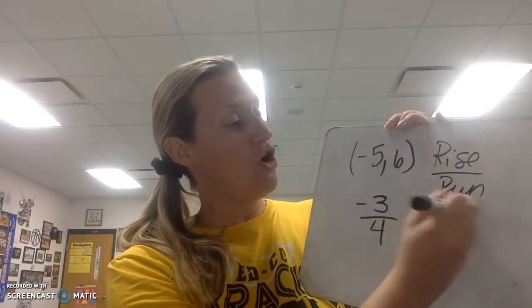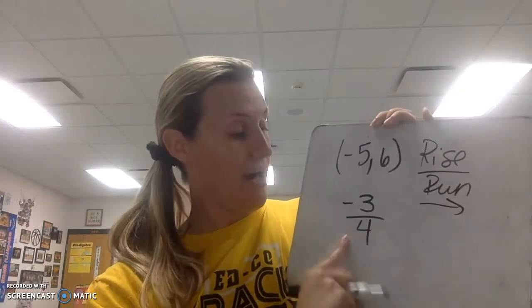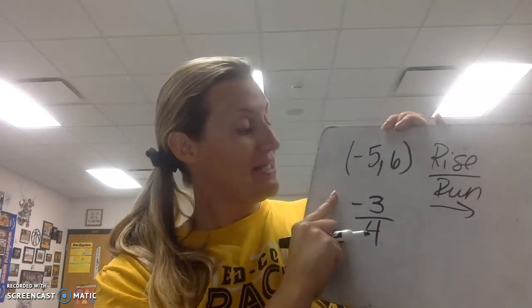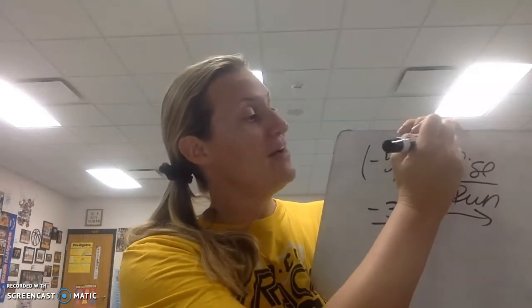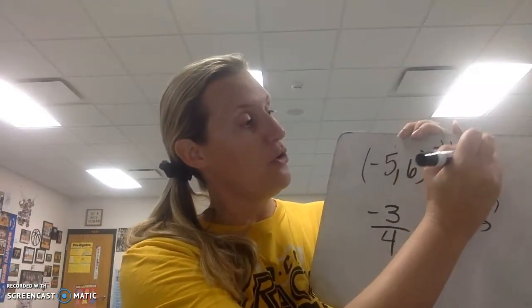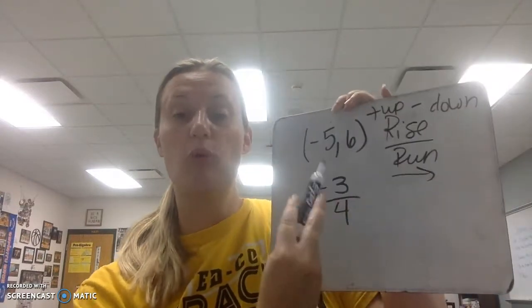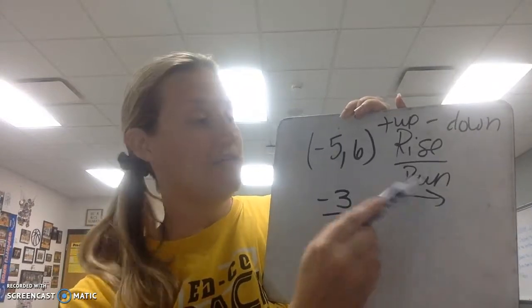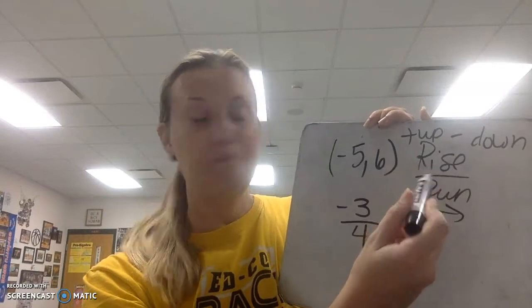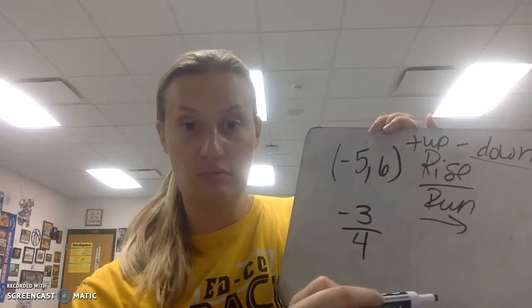The bottom is always going to be to the right, so I'm definitely going over. My top, however, is negative. That means I'm going to go down. So if you have a positive number, you're going to go up. If you have a negative number, you will go down. You will always go to the right. You don't have to worry about a negative being on the bottom. The negative will go on the top, which means you will go down.